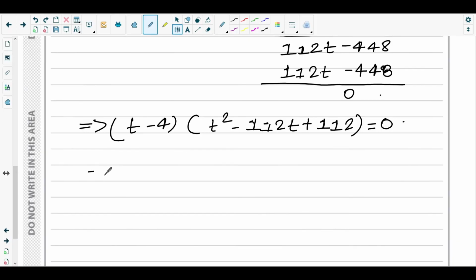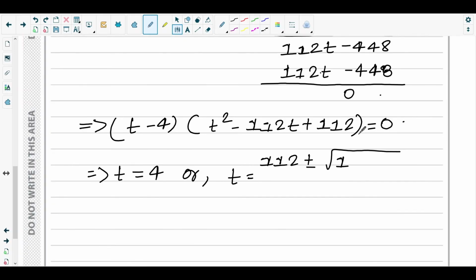Okay, so either t equals 4 or t equals, using the quadratic formula, minus b plus or minus the square root of b squared minus 4ac, over 2a. Here b squared is 112 squared minus 4 times 112, which is 12,096, over twice of 1, which is 2. The square root of 12,096 is 24 square root of 21.